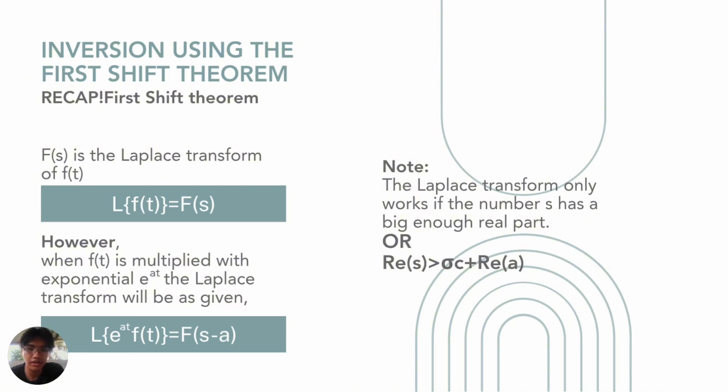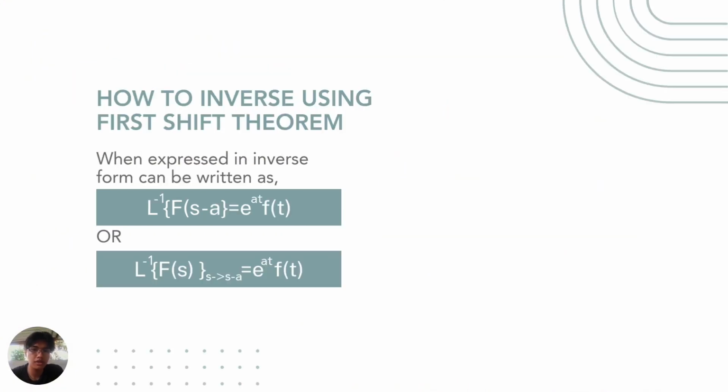Note that the Laplace transform only works if the number s has a big enough real part, or we can write it as real part of s is more than sigma c plus real part of a. All right. So how do we use the inverse using the first shift theorem?